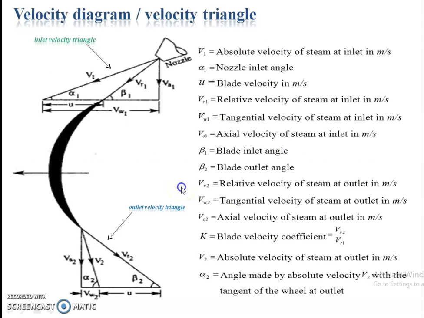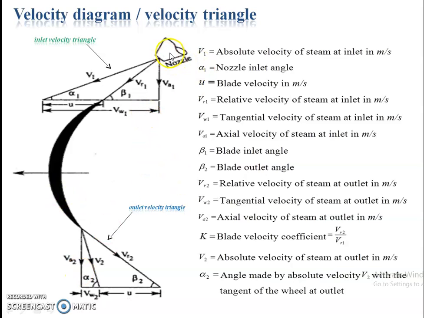From this figure, it is very important from the problem point of view that you understand the velocity diagram and velocity triangle of this impulse turbine. The upper section is the inlet velocity triangle, and the lower section is the outlet velocity triangle.